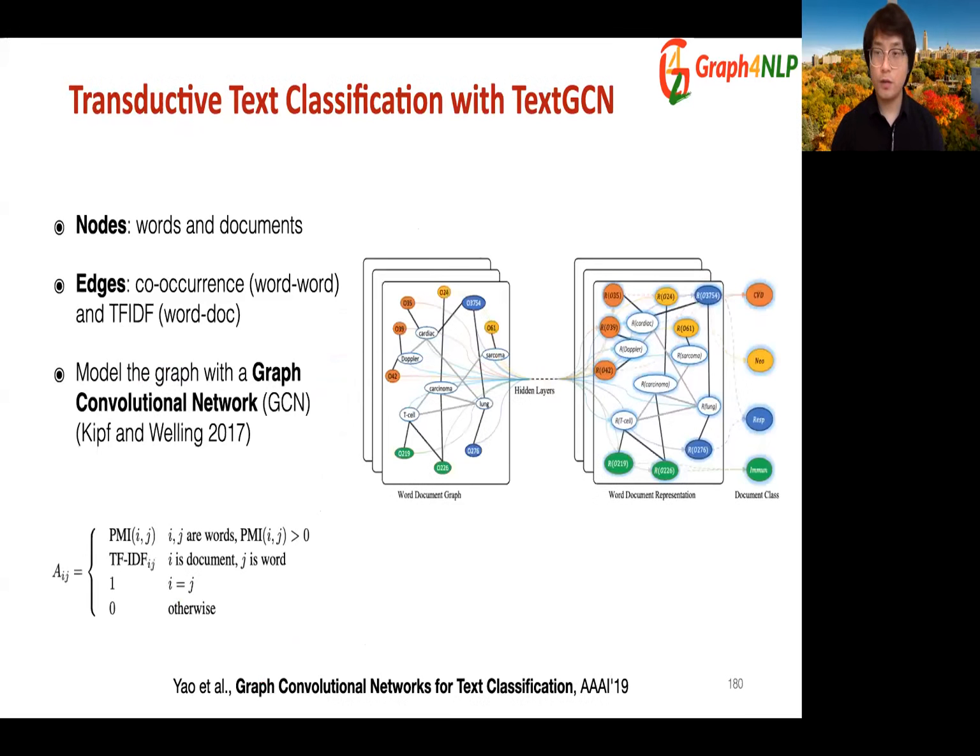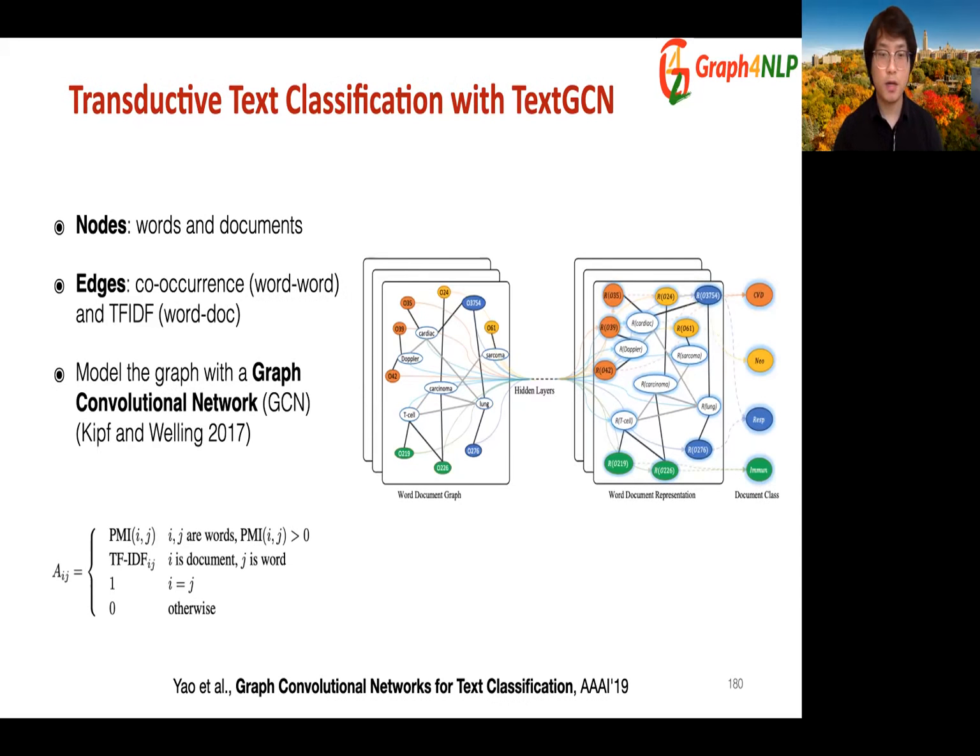So we have introduced how we can extract concepts or even events from queries and documents. The next is how we can perform document classification to associate topic nodes or categories to different documents. In this paper, they perform transductive text classification with Text GCN.